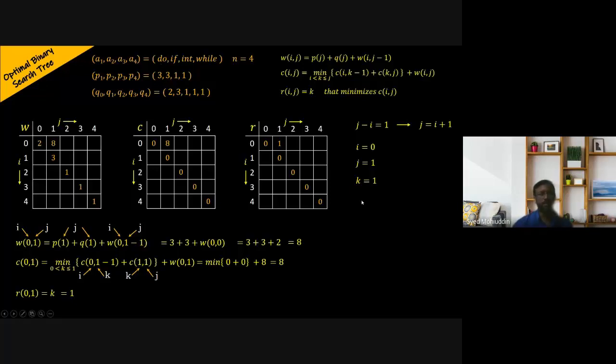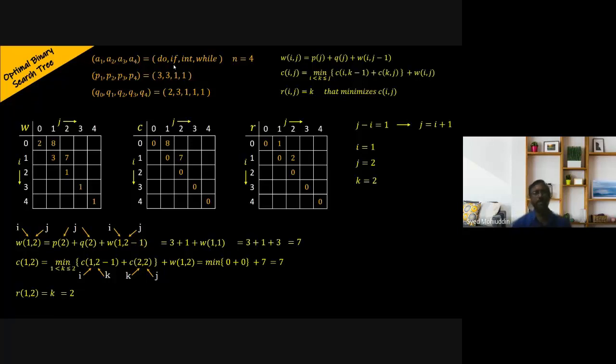Then in the next step, we have to compute the second value, where i was 0, i will become 1, and j will become 2. So 1 less than k less than or equal to 2 will give the value of k as 2. Only 2 can be there. What is this 2? This 2 is nothing but A of 2. So we are now making if the root with no other children.